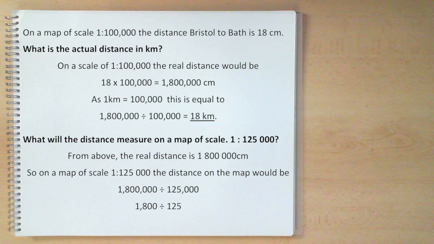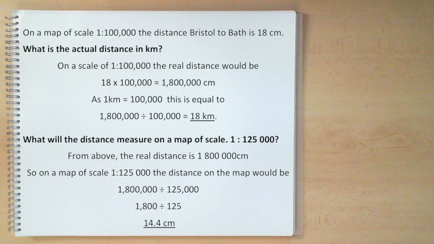Now we can cross off the thousands there and get 1,800 divided by 125, and that would give us an answer of 14.4 centimetres. So if we were to redraw our map on a scale of 1 to 125,000, the distance from Bristol to Bath wouldn't be 18 centimetres, it would be 14.4 centimetres.